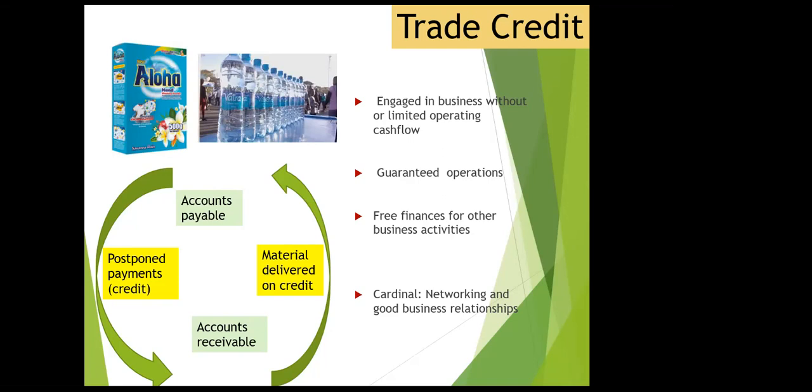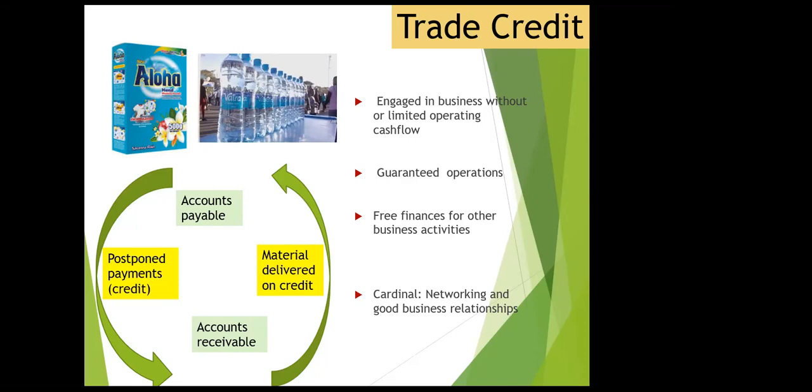Then another thing, assuming that during your operations, you have adequate finances to buy your inputs, then you realize that no, there's something that is very urgent, or something very critical that you need to attend to, and you need to free part of that money that is available.